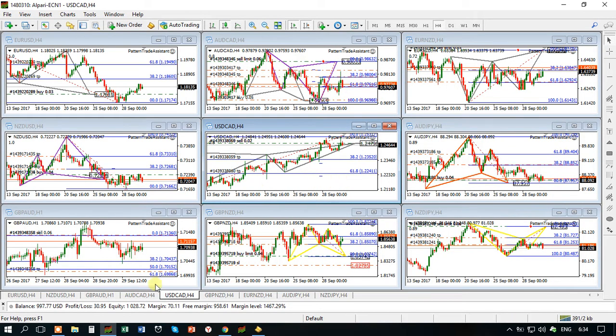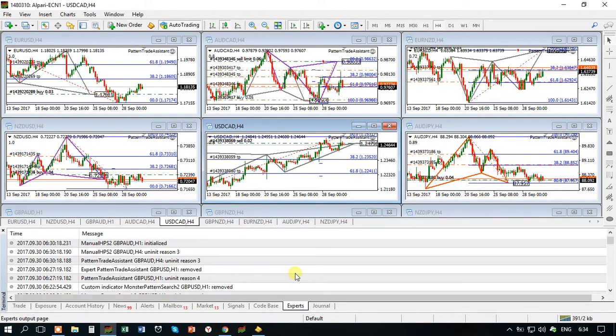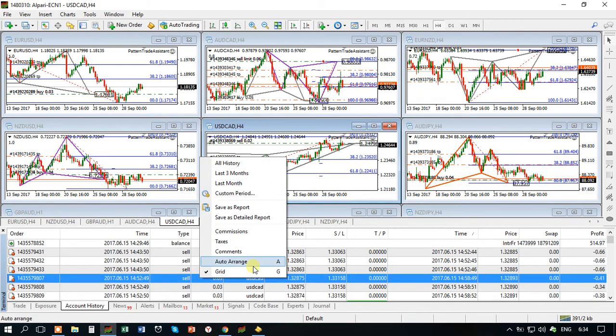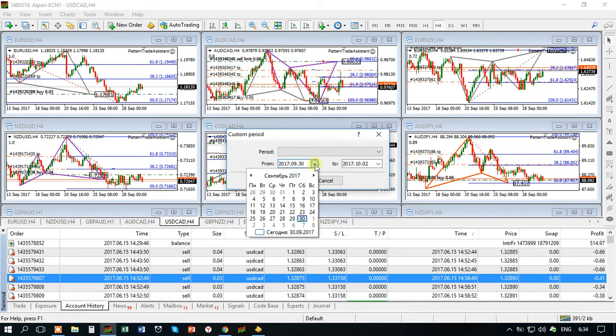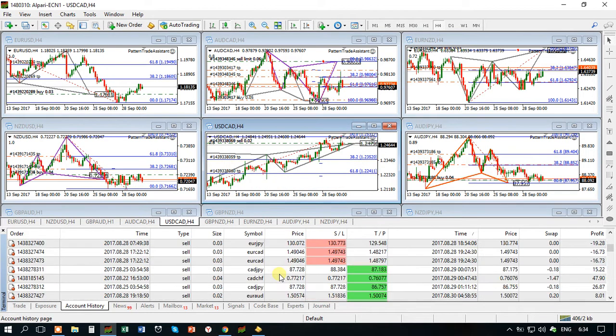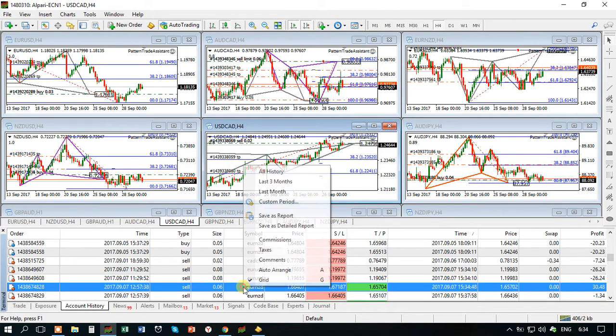Let me quickly update you with my overall results. This particular strategy, with this particular swing identification algorithm, has been traded since the 21st of August, custom period. So not very much time.